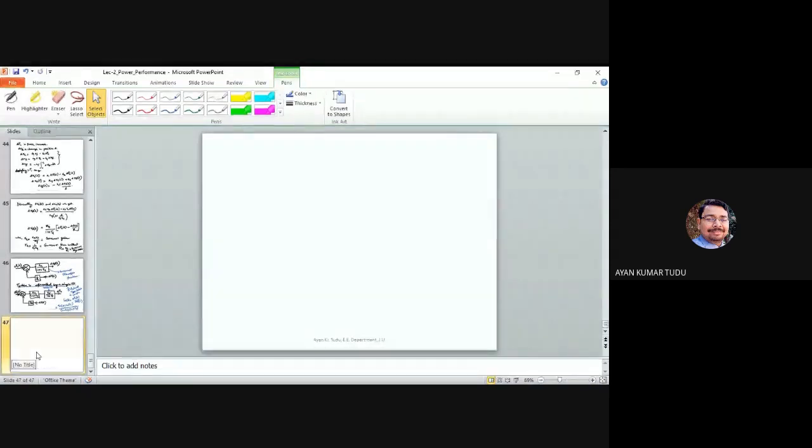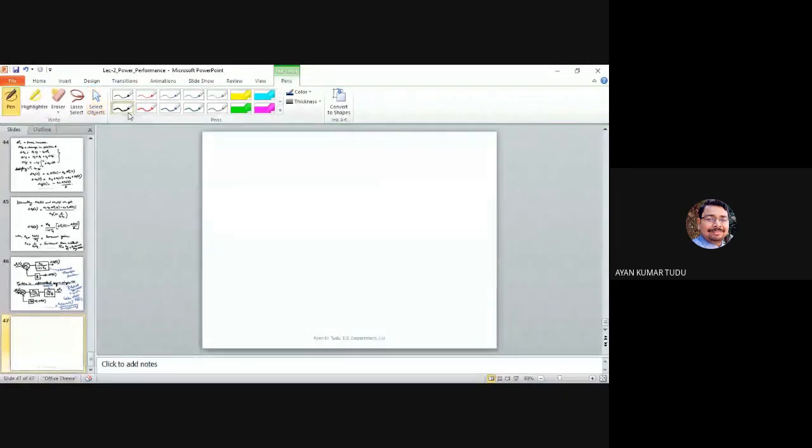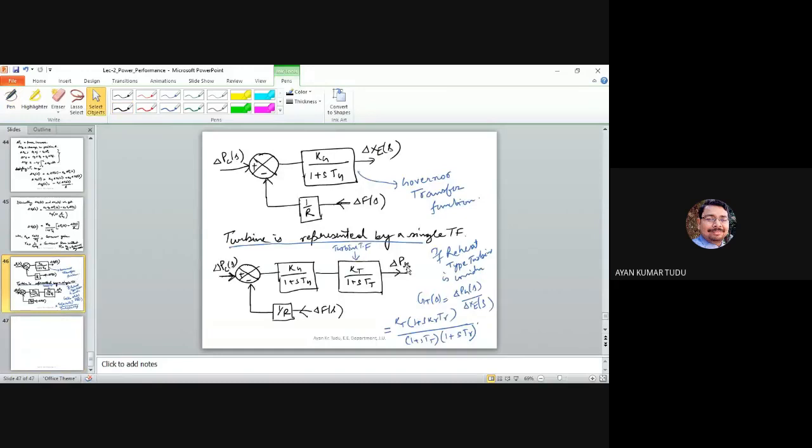Now the next question is how to represent our generator and load. In the previous slide we saw that we represent it as delta PG. This is nothing but the output of the turbine, the increasing power output.